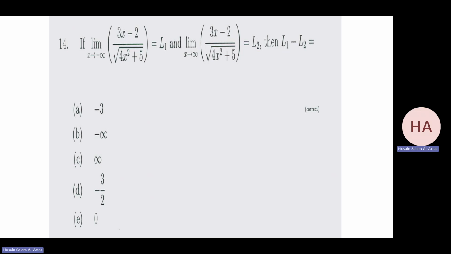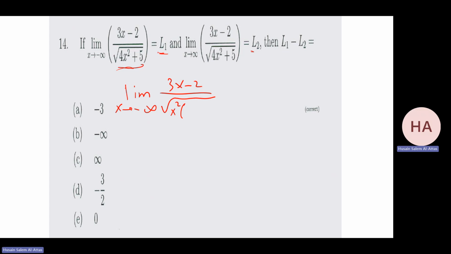You want to find for this function the limit as x goes to infinity and the limit as x goes to minus infinity. One they call L1, the other one L2. You just want to see the difference. So we'll start with one of them. That will be 3x minus 2 over the square root of the x squared common factor.